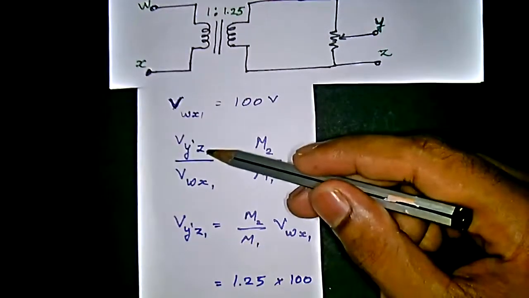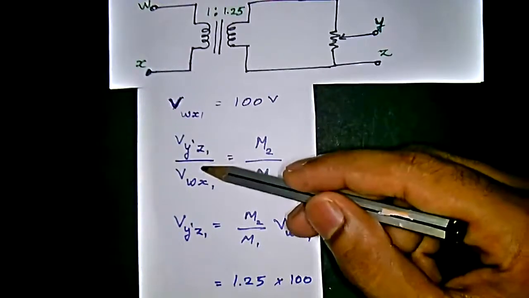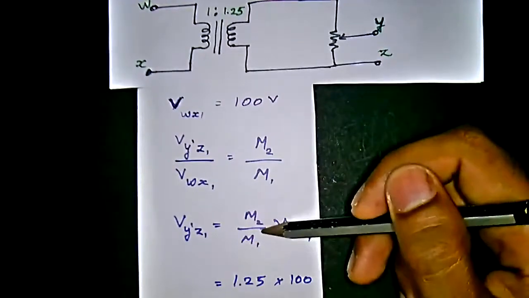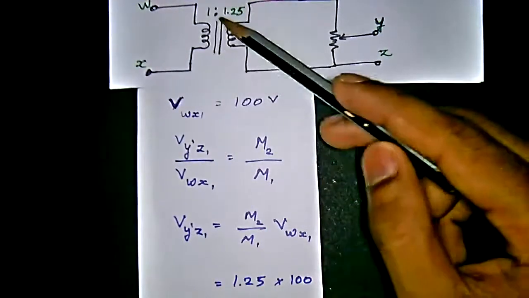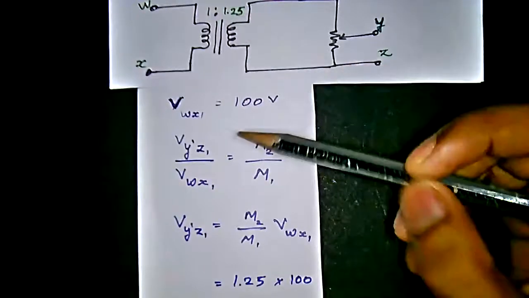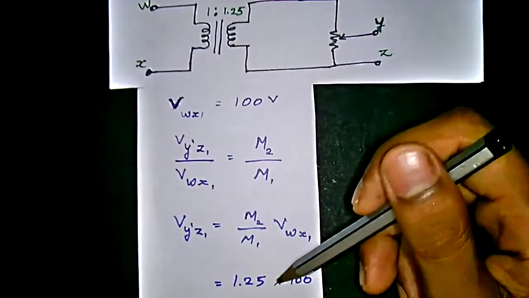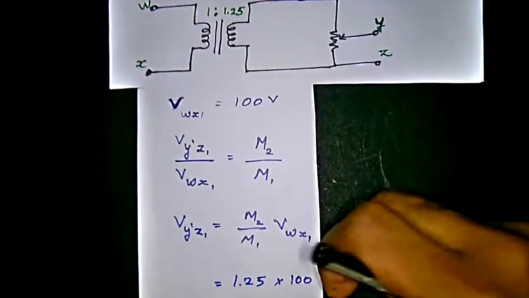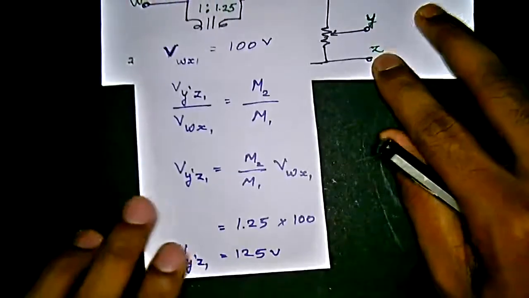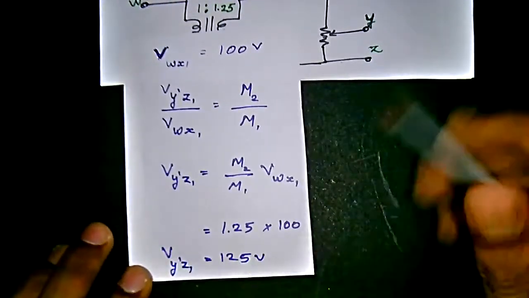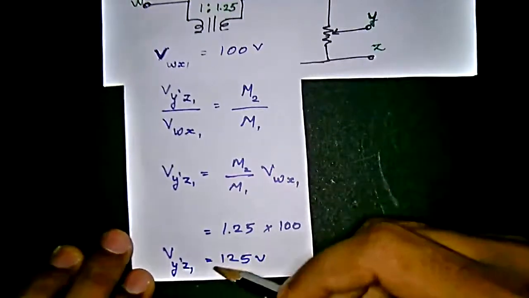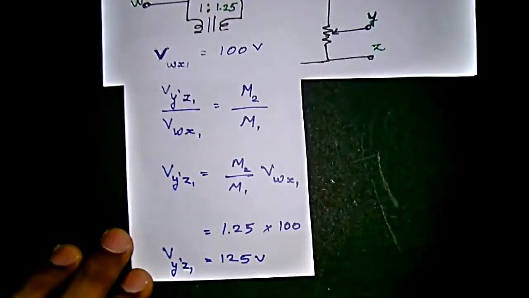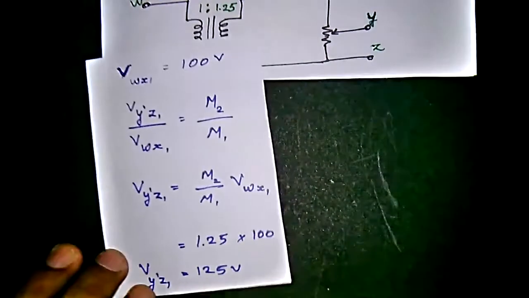So Vyz1 by Vwx1 is equal to N2 by N1, the transformer ratio, which we already have as 1.25 divided by 1. Multiplying by the input voltage of 100, we get the secondary voltage as 125, which is not yet the output voltage. So we have to find the output voltage.